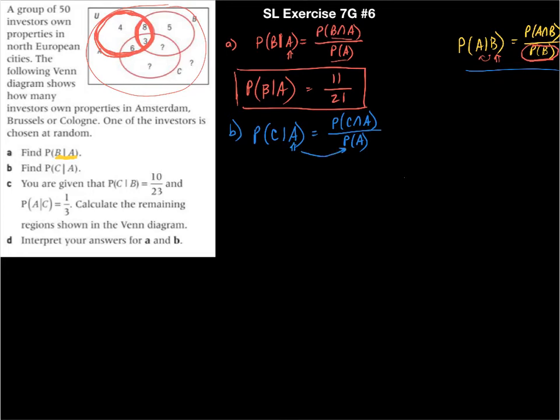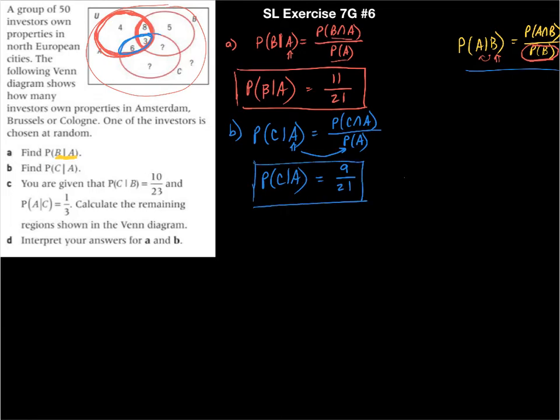Once we have that, we should be able to go straight into our question. This time we're looking at C and A. C and A is this section right here. That's the overlap of my C and my A there, which this time is 9. So that would be 9 over, and then the total in A is 21. We know that. All right, so there you go. Then you've got part B.